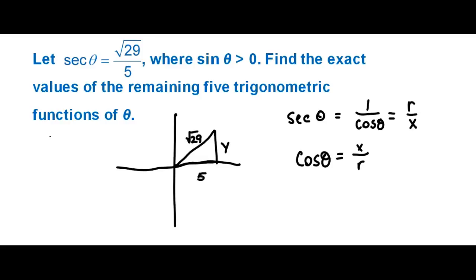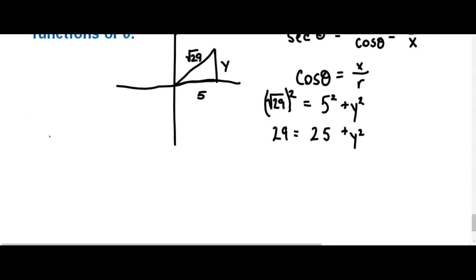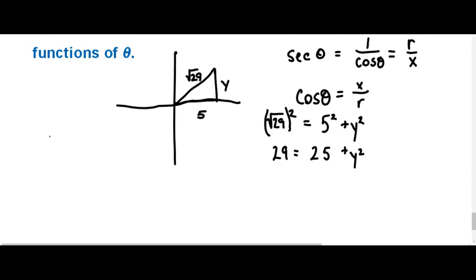So in order to find y, we'll simply use the Pythagorean Theorem. We know that the square root of 29 squared is equal to 5 squared plus y squared. So 29 equals 25 plus y squared. Subtract 25 from both sides.